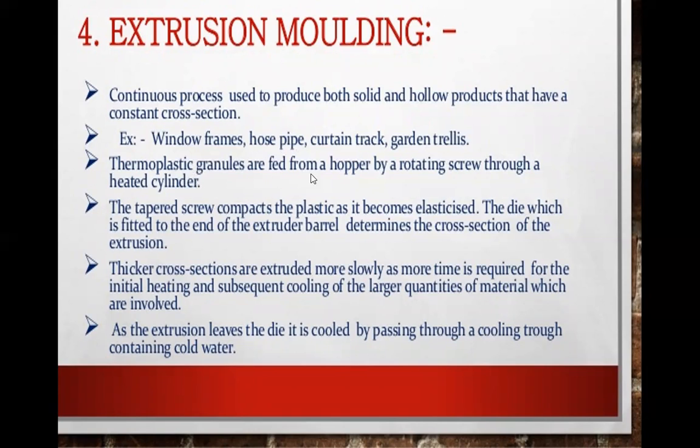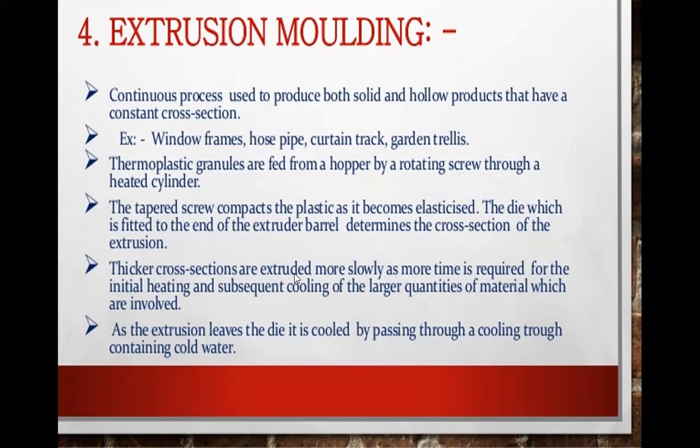Thermoplastic granules are fed from a hopper by a rotating screw through a heated cylinder. The tapered screw compacts the plastic as it becomes elasticized. The die fitted to the end of the extruder barrel determines the cross section of the extrusion.